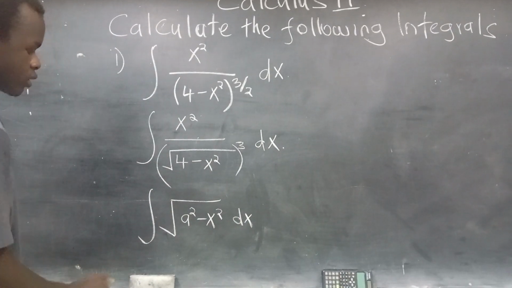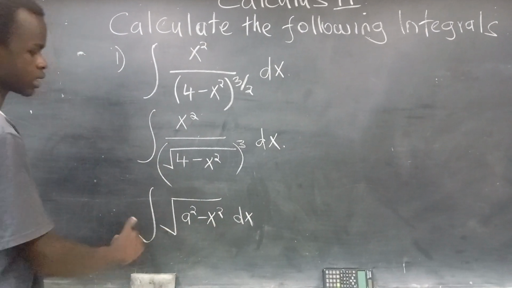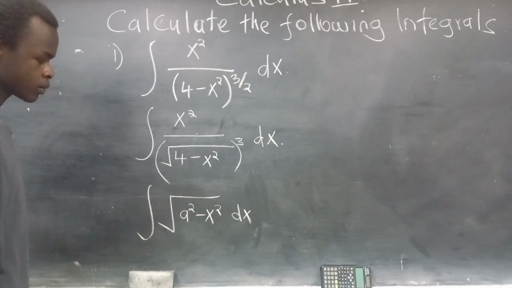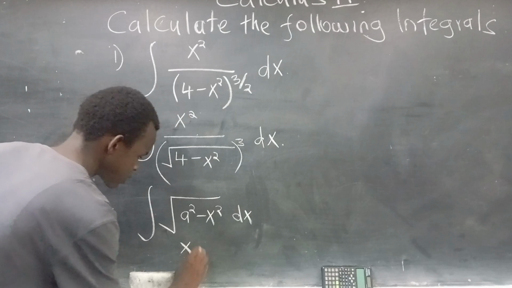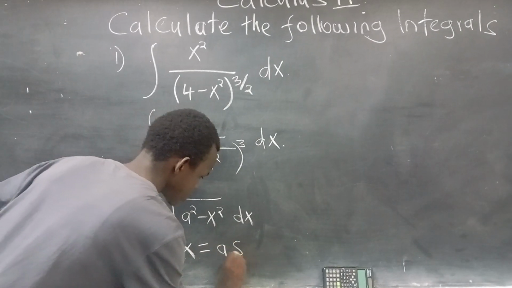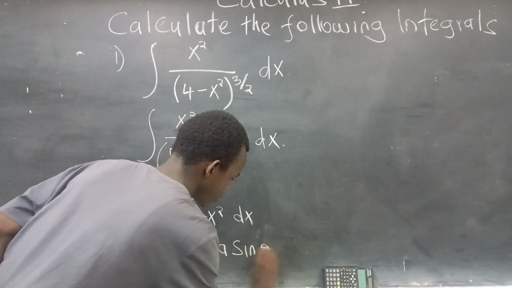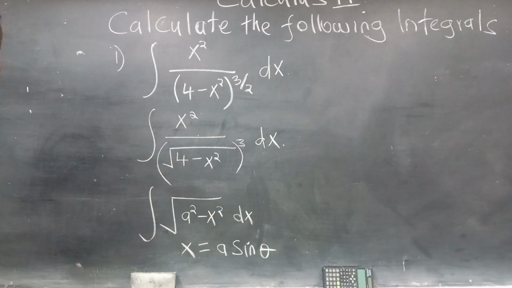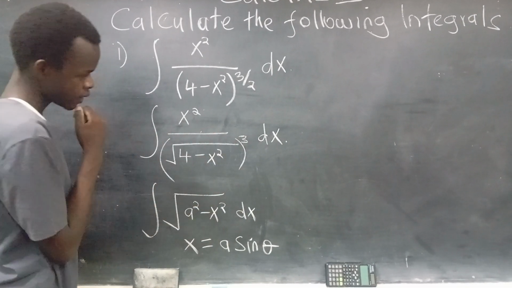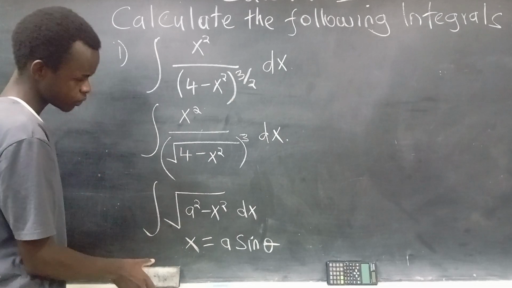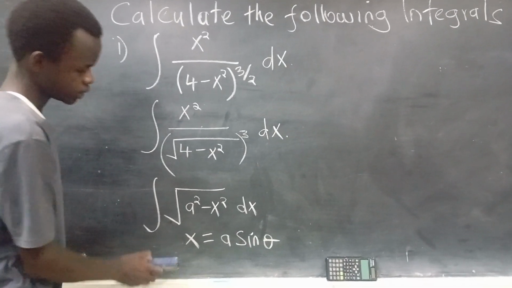When you're given an integral like this, in the trigonometric substitution formula for sine, we choose x to be a sine of theta. This part resembles this part. So from there, we just continue.